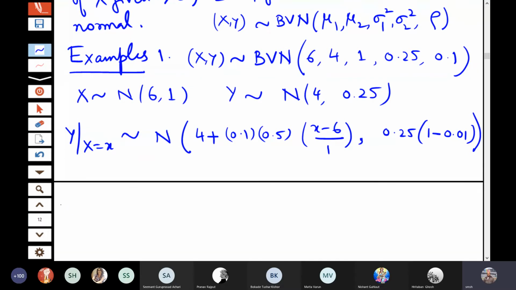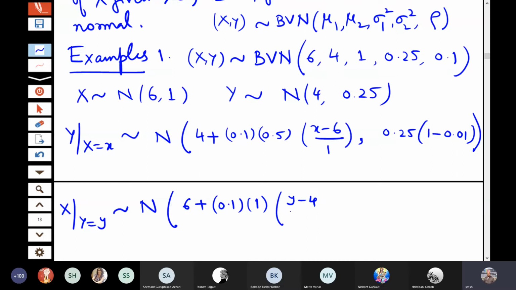We can also write down the conditional distribution of X given Y. That will be normal with mean mu1 plus rho sigma 1, that is 1 here, into (y minus mu2) by sigma 2, and variance will become sigma 1 square, that is 1, into 1 minus rho square.